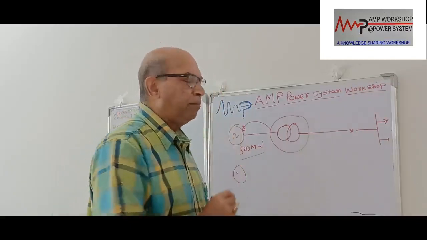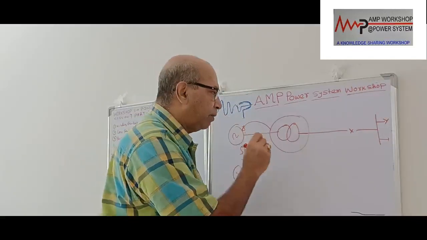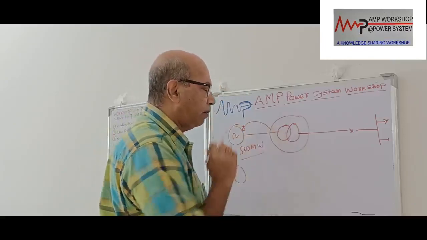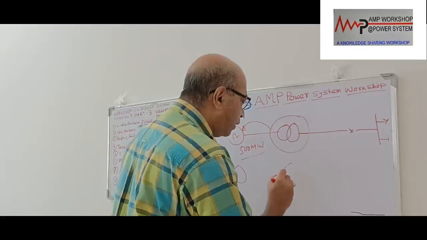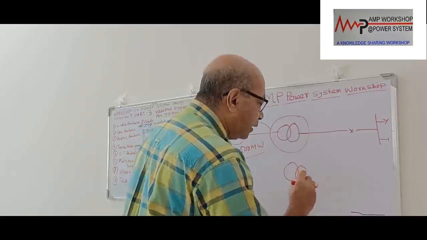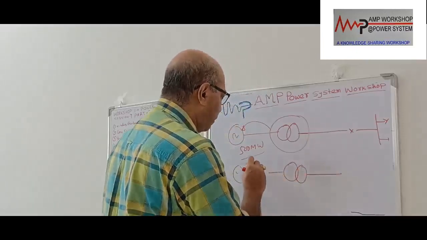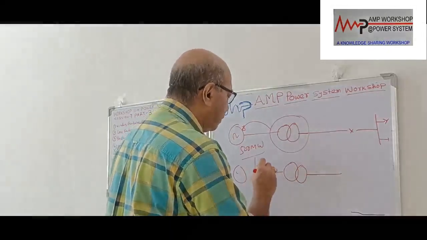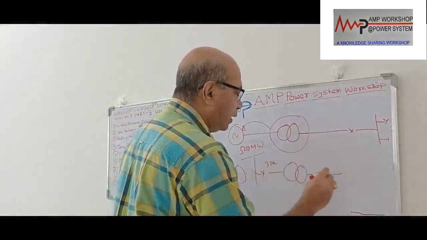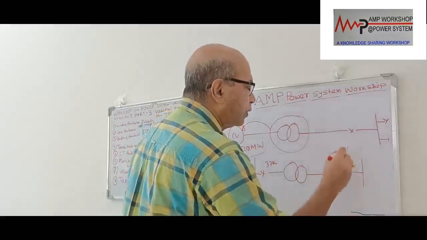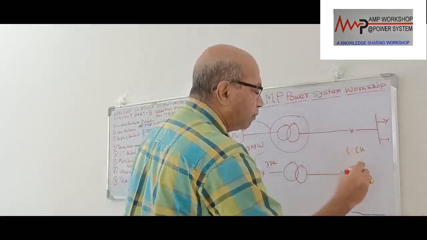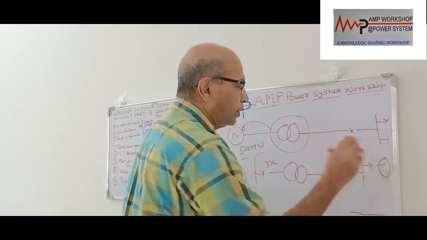So this is one of the major problems. That means depending on the connection, if the transformer is used for distribution purposes, suppose it is coming from a 33 kV switchgear and going to a 6.6 kV switchgear, and from here various consumers are connected.